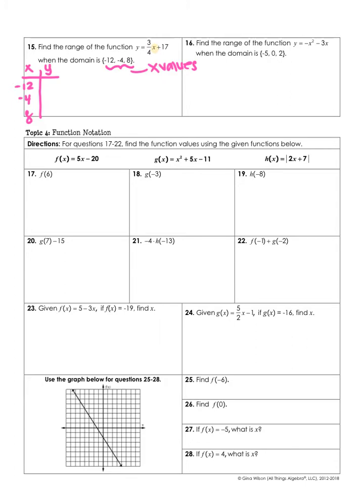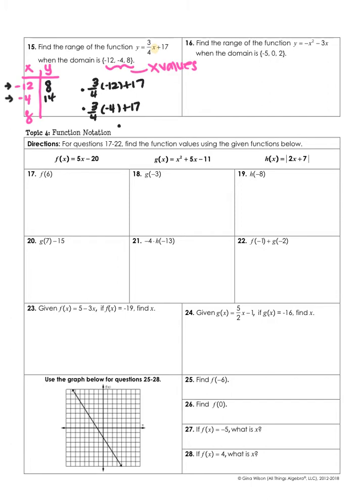So we're going to do 3/4 times negative 12 plus 17. So I first put in this negative 12. When you put that in a calculator, you should get 8. The next one I'm going to put in is negative 4. So you'll do 3/4 times negative 4 plus 17. And your output or your y value should be 14.